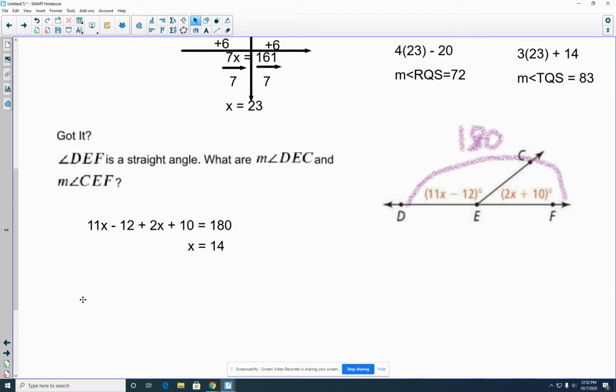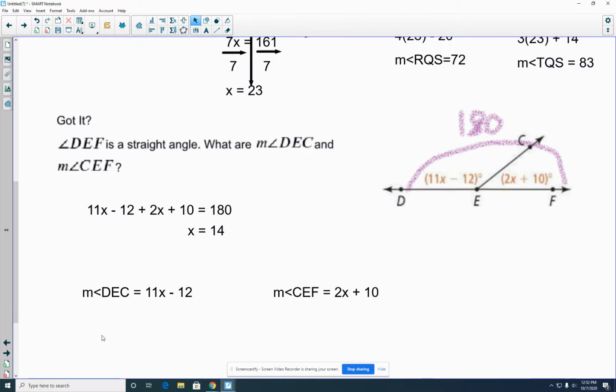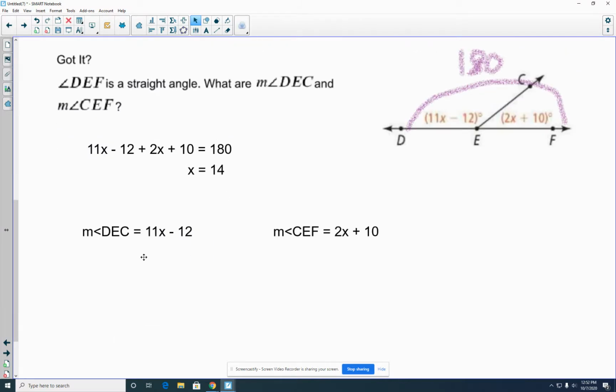Now, if you have to find the measure of angle, DEC is represented by 11x minus 12. The measure of angle CEF is represented by 2x plus 10. Now just plug in. You have x is 14, so you have 11 times 14 minus 12. That's going to give you 142.